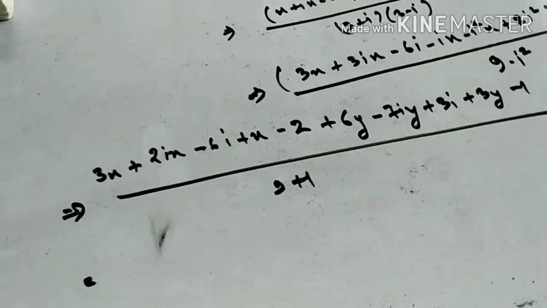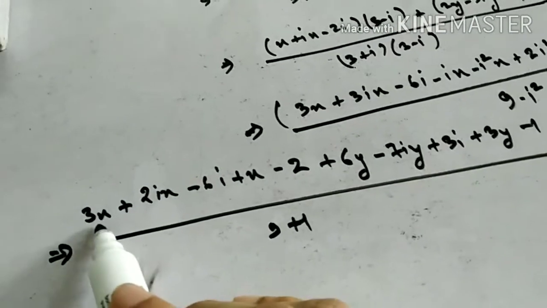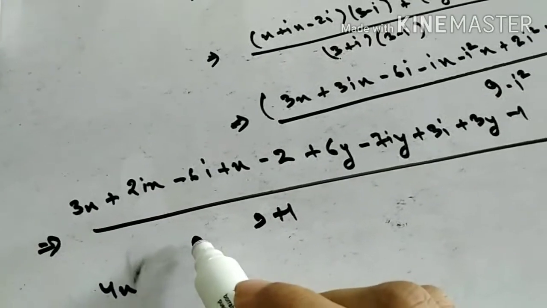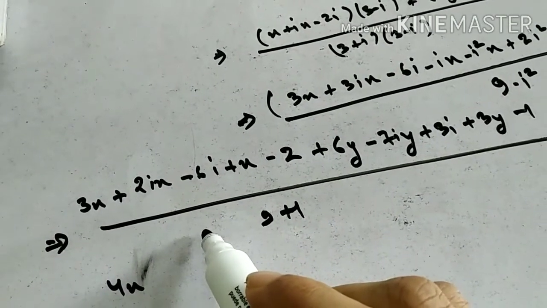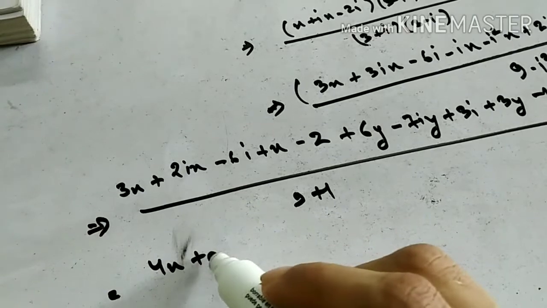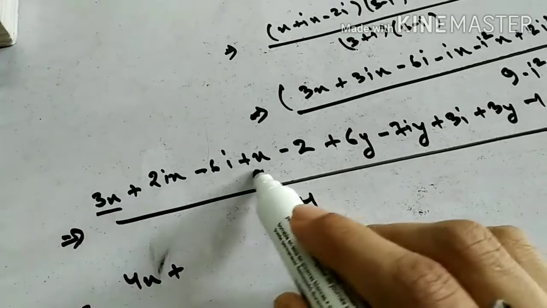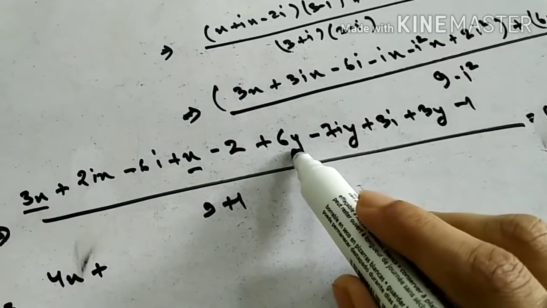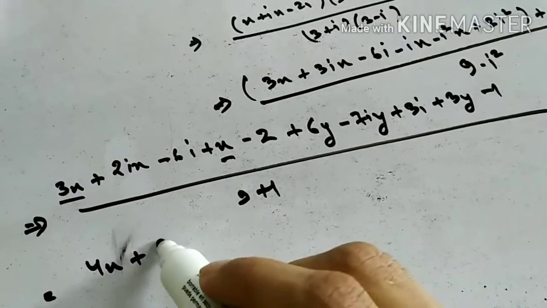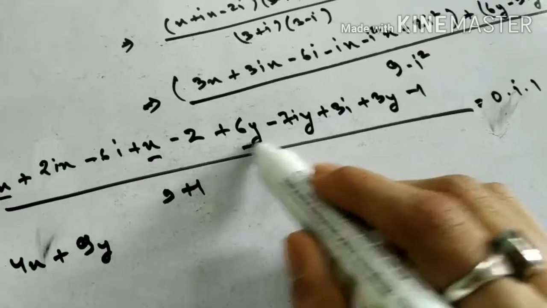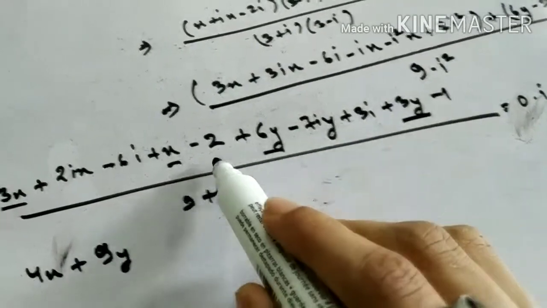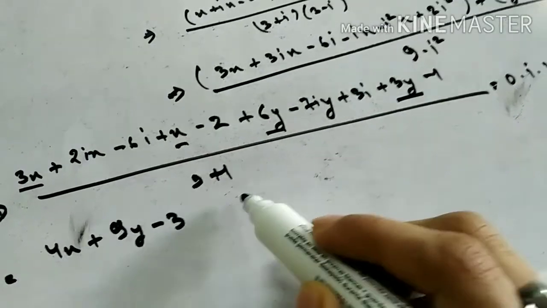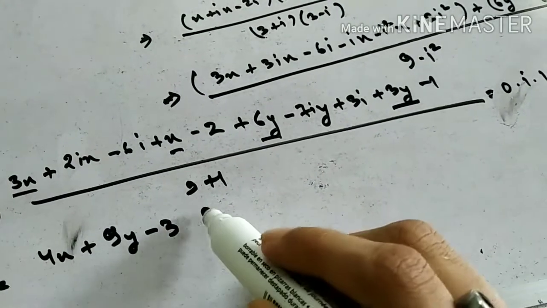Now you see the real part: 3x + x becomes 4x, plus 6y + 3y becomes 9y, and -2 - 1 becomes -3. This is the real part.